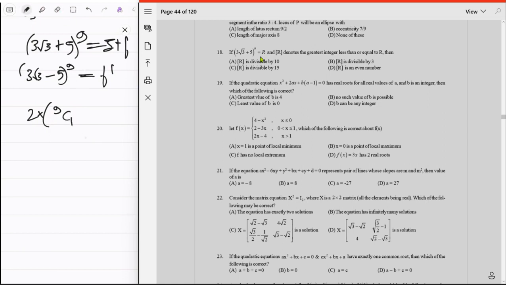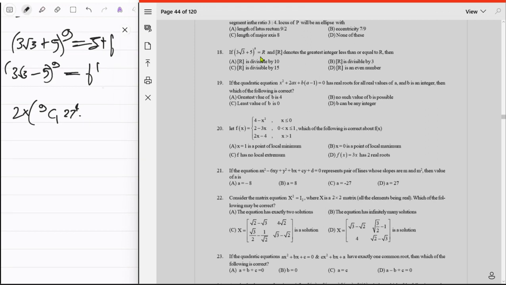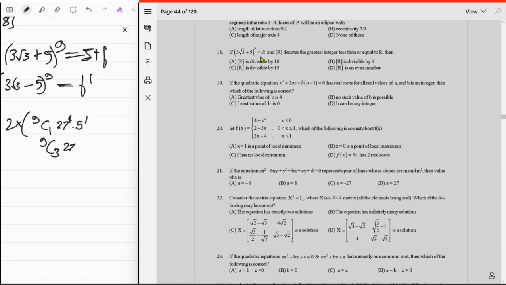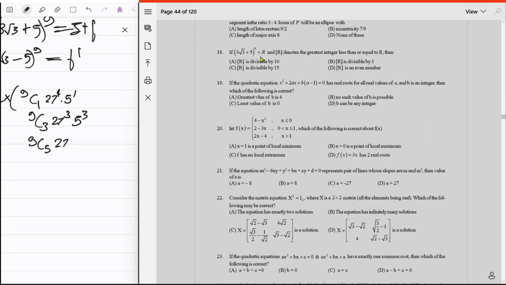NC1 and (3√3) power 8, so like 27 power 4 basically, and whatever, we just want to visualize something. So 27 power 4 times 5 power 1, then keep going till eventually we get, so we need all the odd ones, then NC3, 27 power 6 upon 2, like 3 over there, and then 5 power 3 plus NC5, 27 power, here 2 will come, just 2, 5 power 5, and then plus NC.